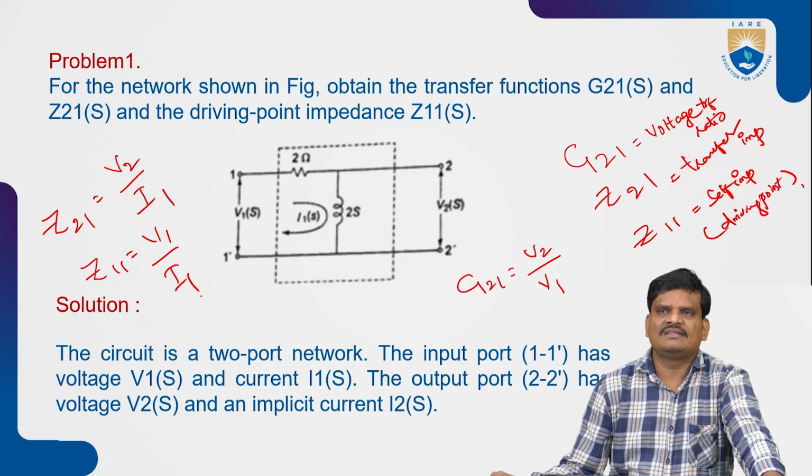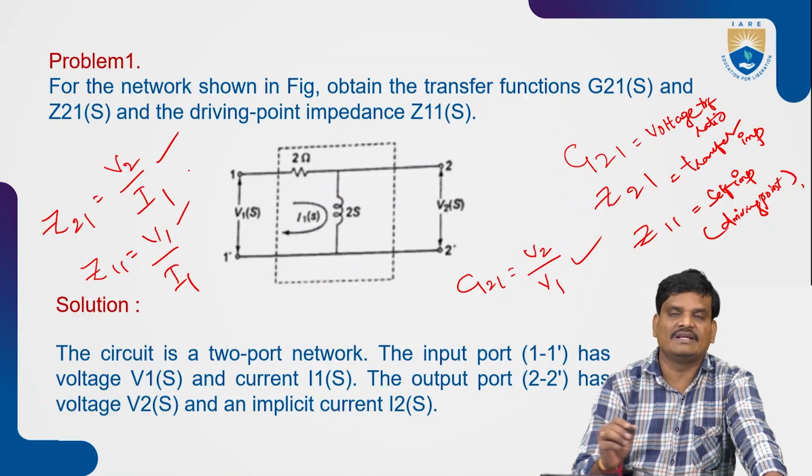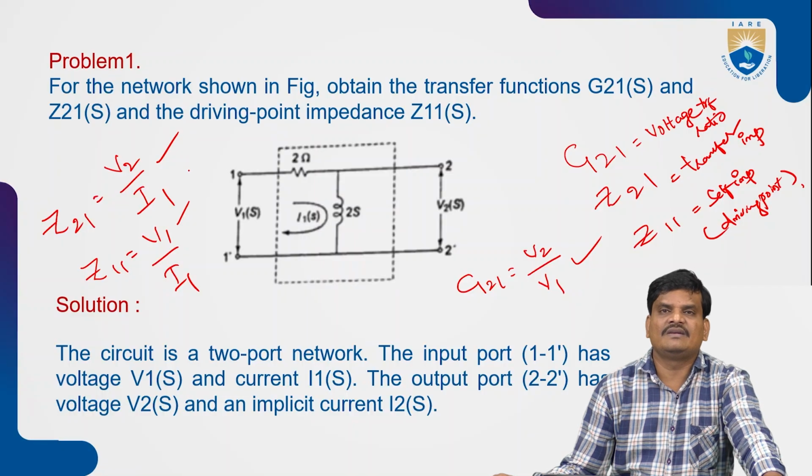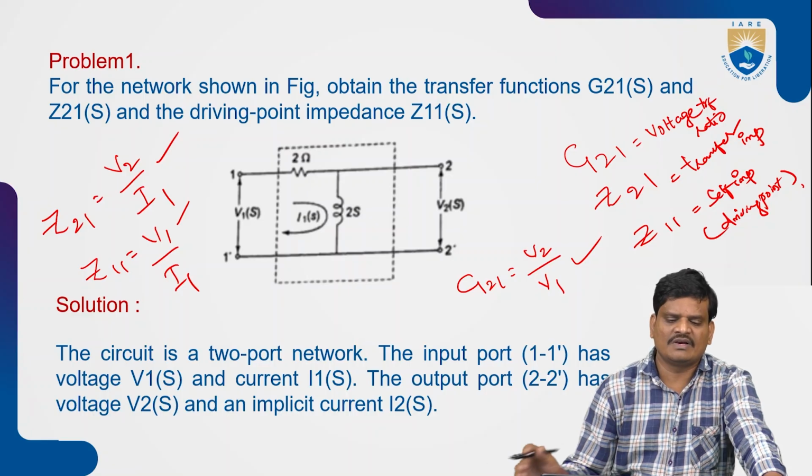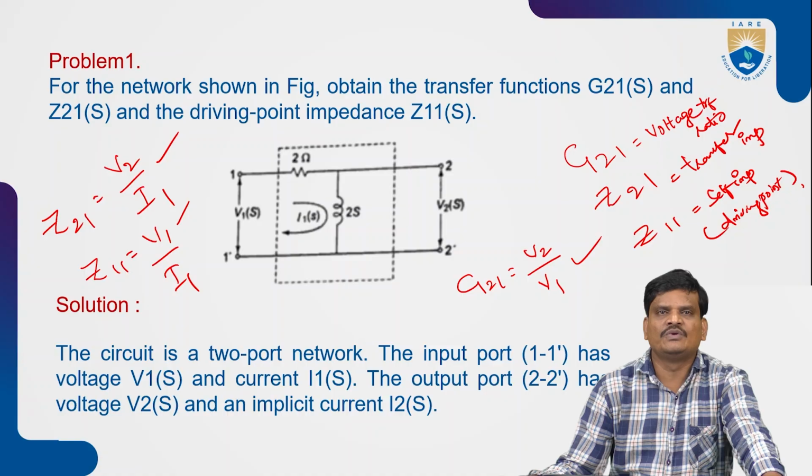So these are the three parameters we need to evaluate using these formulas, which were derived earlier when we discussed single port and two port networks. Now we will utilize these formulas and evaluate the solution for the given problem statements.